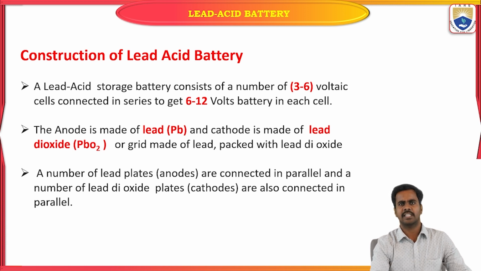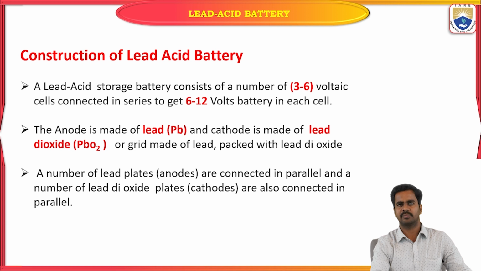Lead-acid battery consists of around 3 to 6 voltaic cells connected in series to get 6 to 12 volts of battery. Here the anode is lead and the cathode is lead dioxide, or a grid made of lead packed with lead dioxide.